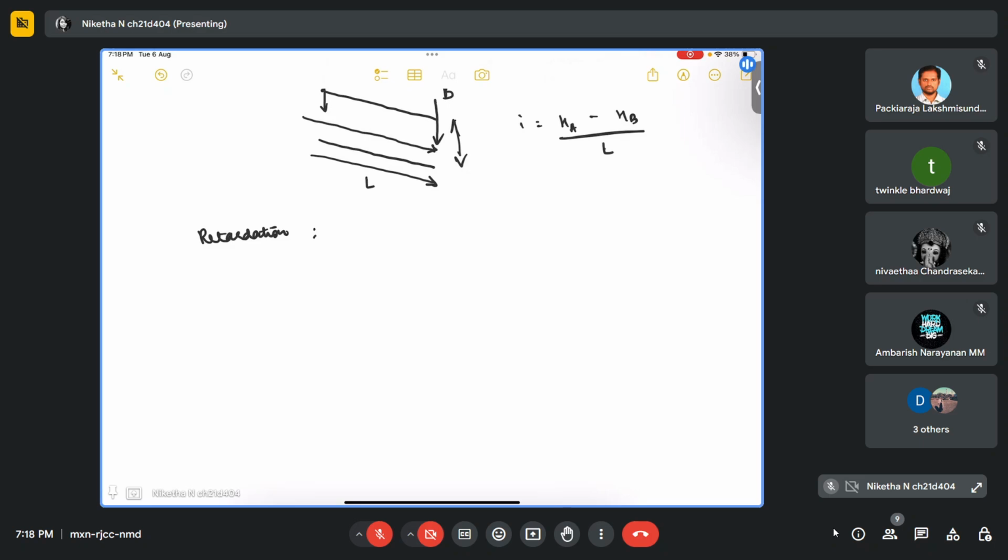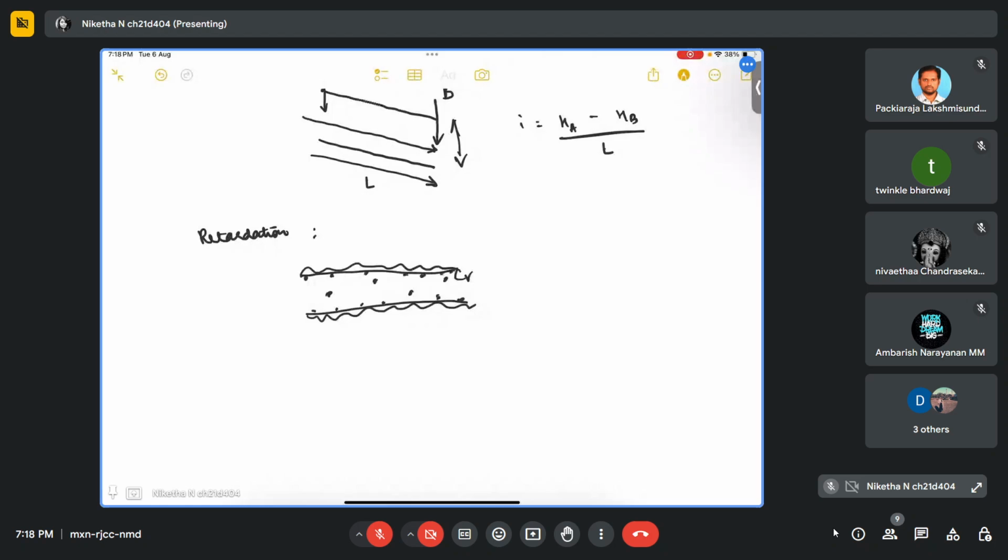So when will this happen? Suppose you have groundwater which is contaminated with, let's say, some heavy metal, maybe even chromium, and it is flowing through soil. Imagine this is the soil. Sometimes the chromium could get absorbed onto the surface of the soil or the surrounding aquifer.